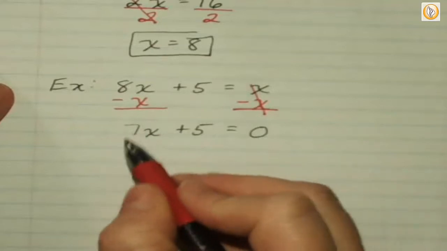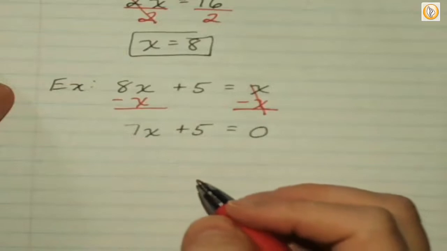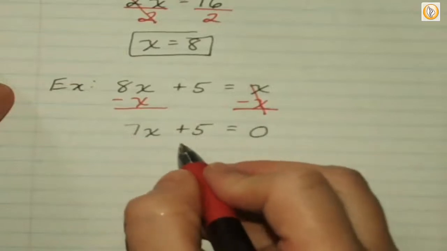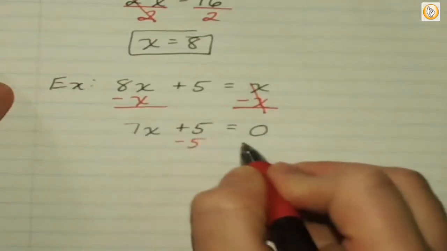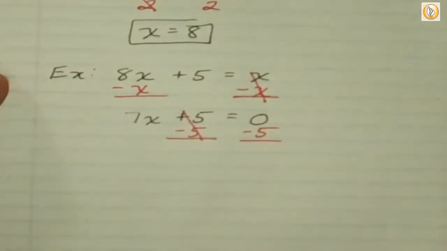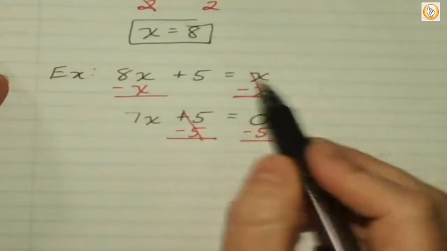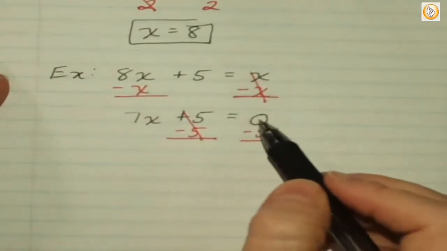Now, Joseph, what can I move? I have my x on this side of the equal sign, so what do I need to start getting rid of? Okay, so how do I get rid of it? That's right. So now I can do, and you could do the 5 first if you wanted to, but I wanted to show you what it looks like when you clear everything out and you just put a 0 in there.